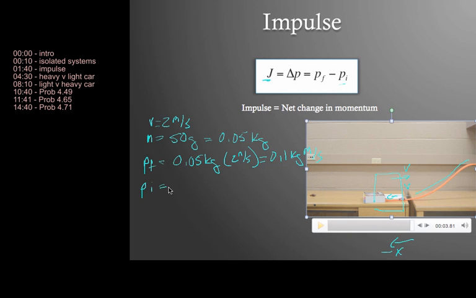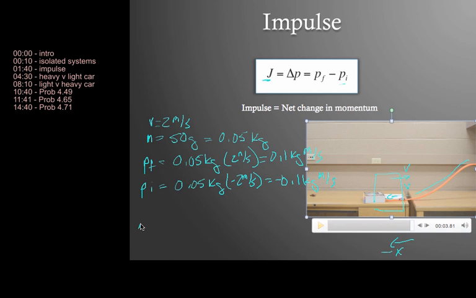P initial is the same mass, 0.05 kilograms, but this time, since the velocity is going to the left, that's got to be a negative 2 meters per second, so minus 0.1 kilogram meter per second.